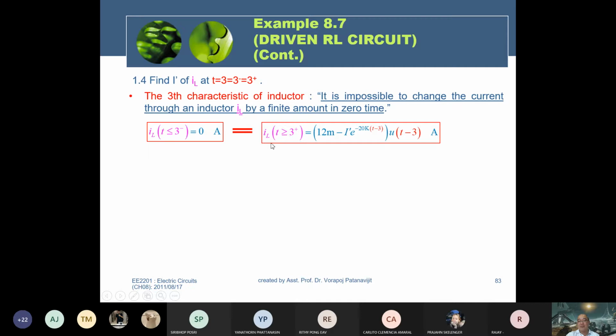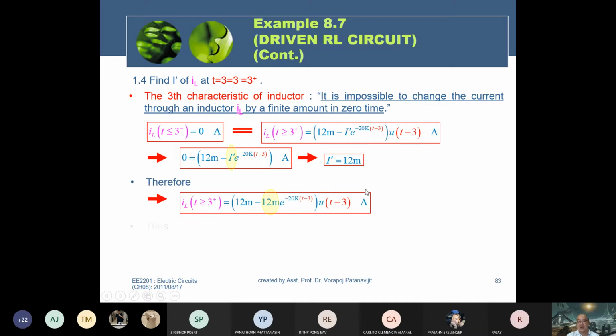Both of them are equal due to the third characteristic of the inductor, that it is impossible to change the current through an inductor by a finite amount in 0 time. If both are equal, you can see that 0 equals 12 milliamps minus I hat times e to the power of 0, at time equal to 3 seconds. Anything to the power of 0 gives 1. Therefore, you can conclude that I hat equals 12 milliamps.